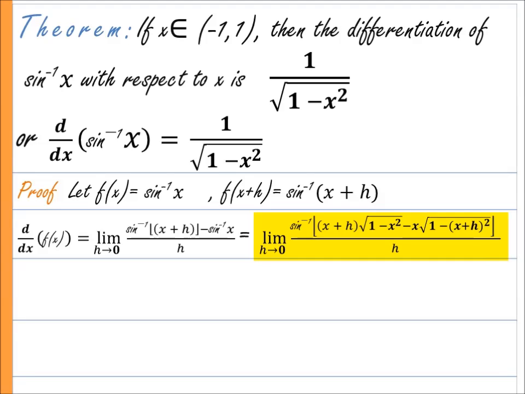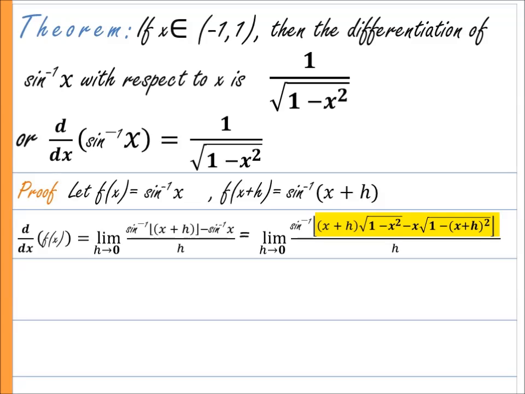Now to solve this expression, we can simplify it. And to simplify it, the best method will be to multiply both the numerator and the denominator by x plus h into square root of 1 minus x square plus x into square root of 1 minus x plus h whole square.